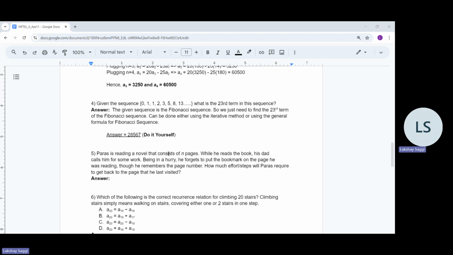So this question states that suppose you remember the page number which you have to open in a book, but you don't have a bookmark, so it's not possible to open it directly. Suppose there is a book and you have to open the 100th page. You can't just open the 100th page directly in the first try, because no one is that precise usually.